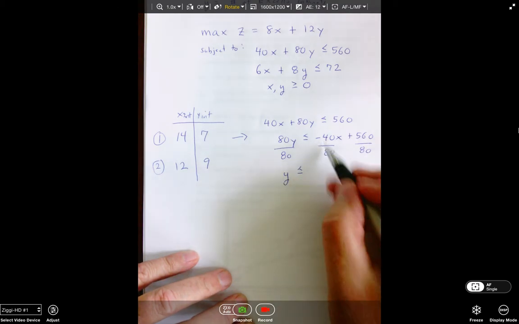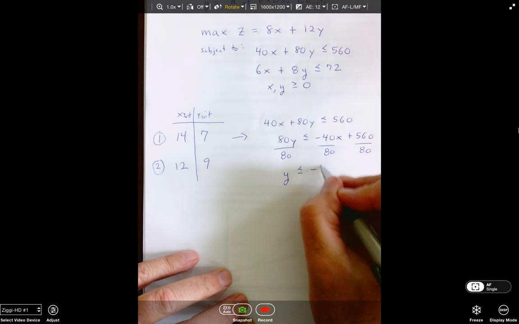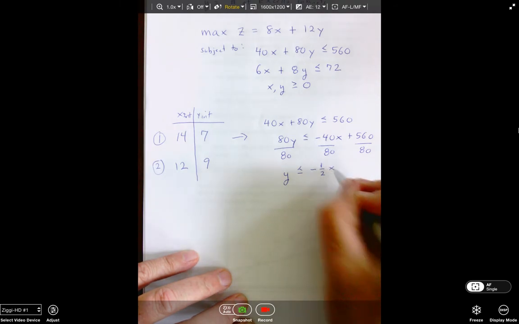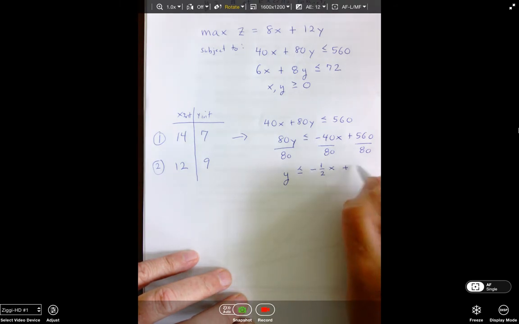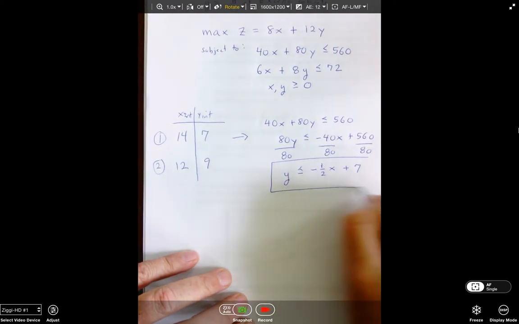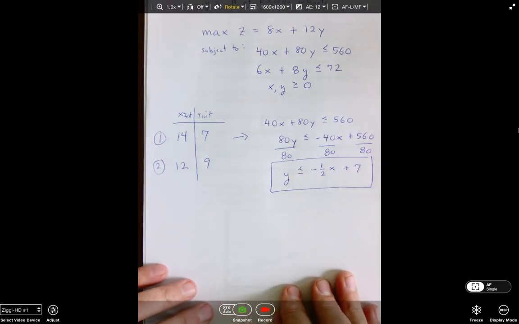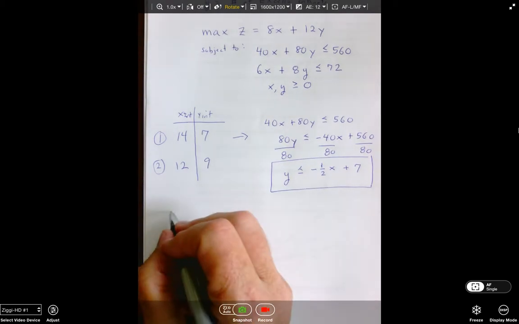So negative 40 over 80, I see that that's negative 1/2. Hopefully you do too. So gang, there's one of them. Let's go get the other one.